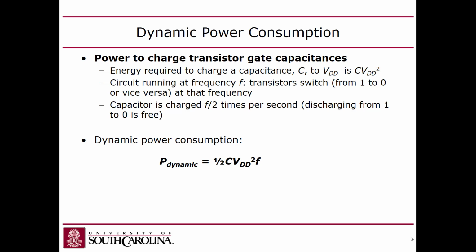Why is the VDD squared? Good question. It's because it's the energy required to charge a capacitance. The energy to charge a capacitor is the capacitance times VDD squared, so that's in joules.